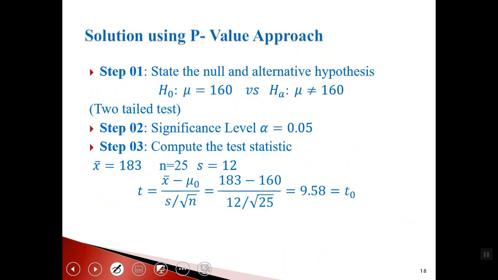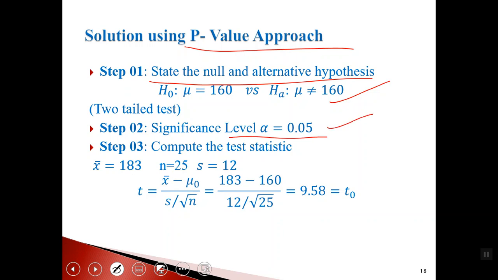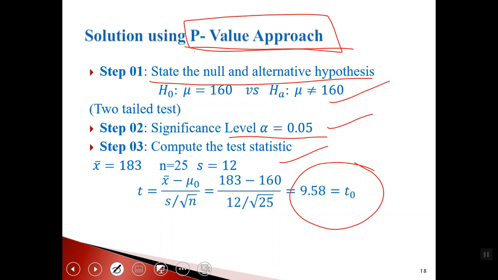Okay, let's see how to use the p-value. The p-value approach is a little bit complicated. Same as before, state the null hypothesis and alternative hypothesis. Done. Since this is two tail, significance level 0.05, compute the test statistic, no matter what, same result, 9.58. Under the p-value approach, now what we have to do?